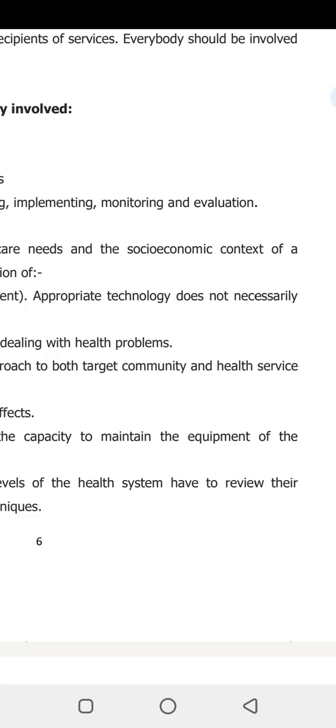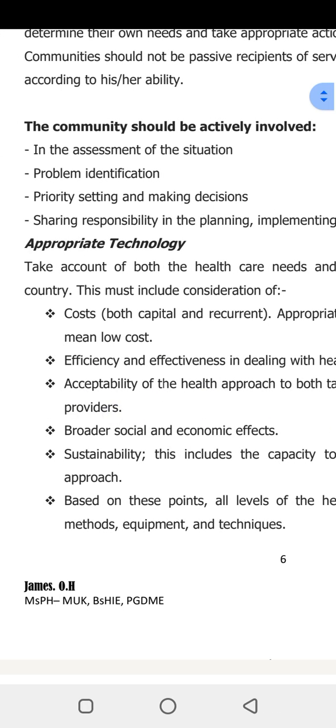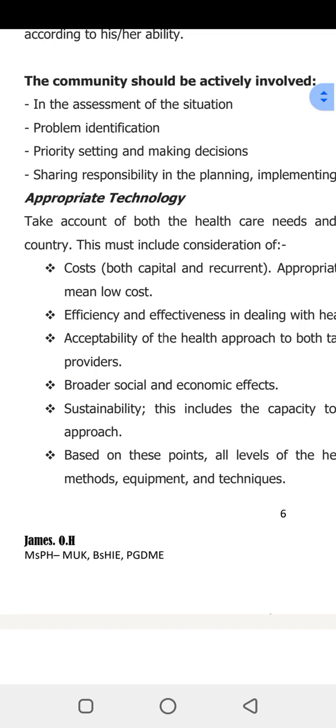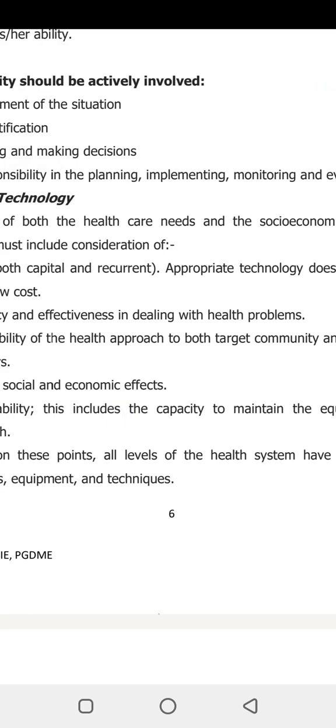Appropriate technology does not necessarily mean low cost. Efficiency and effectiveness in dealing with health problems. How effective, how efficient is the service in the health system?